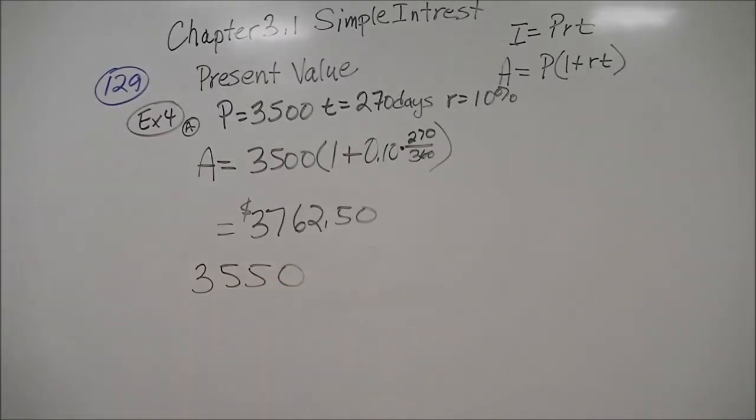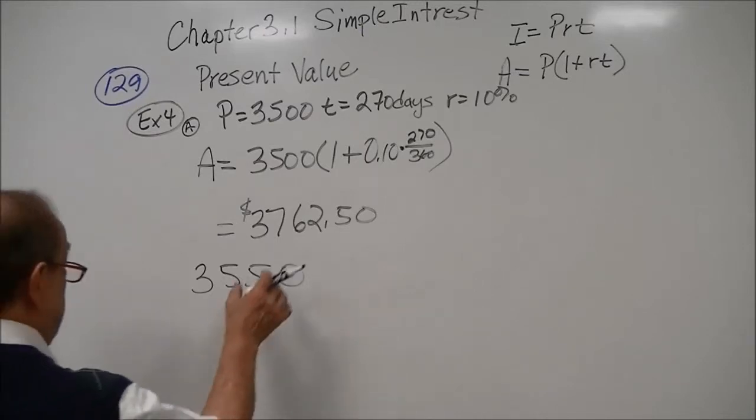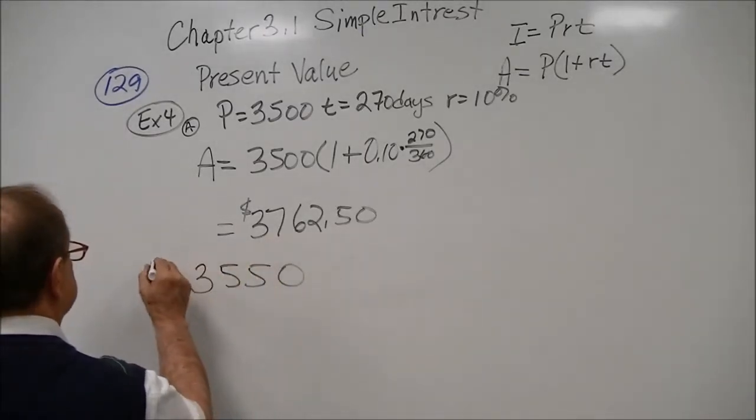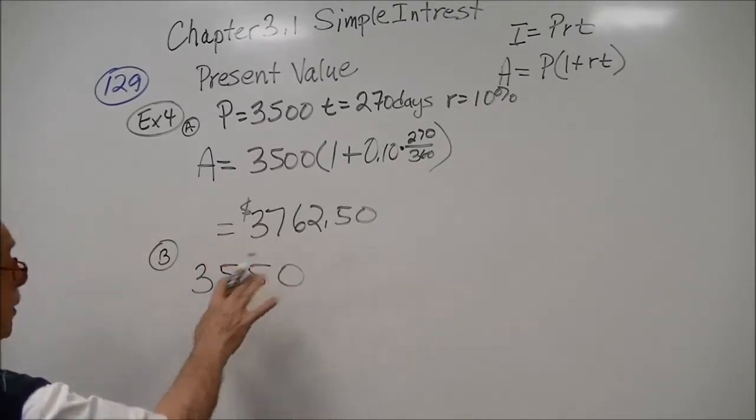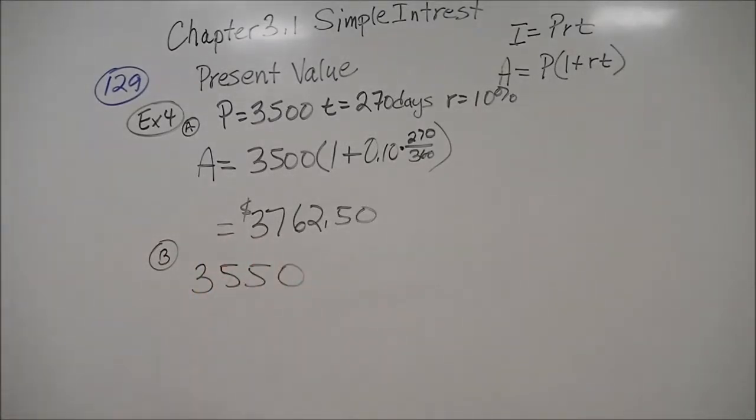Here's the question they ask. What annual interest rate will the third party receive from this investment? So now you've changed it from what it was originally. This is going to be part B. And we'll show you the figuring of this in just a moment.